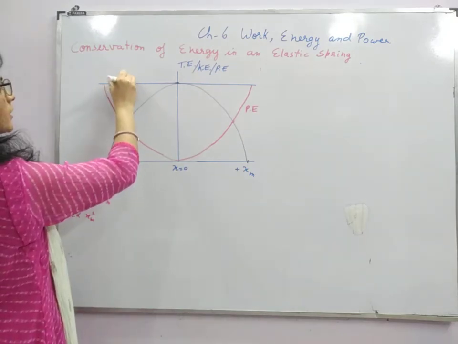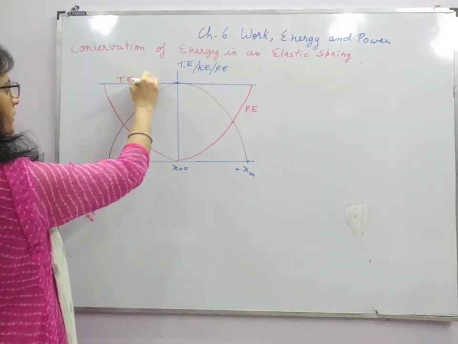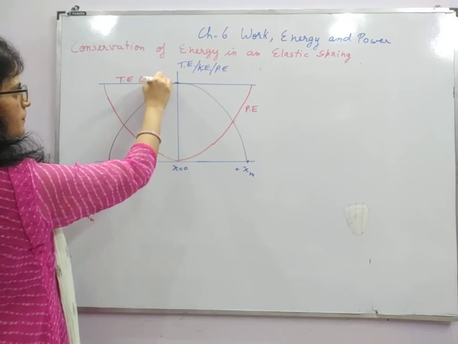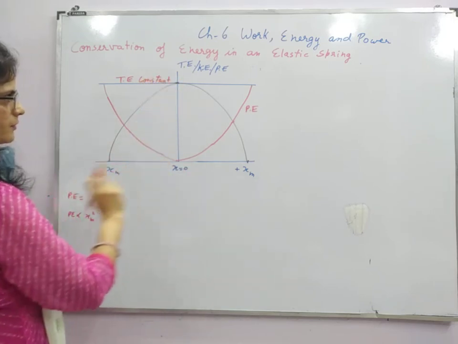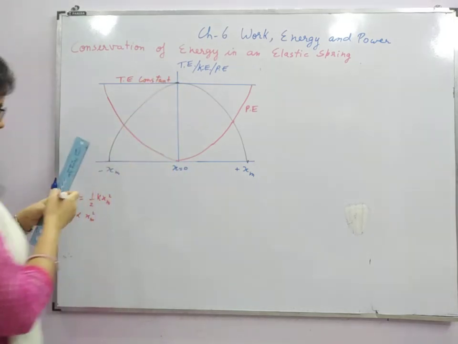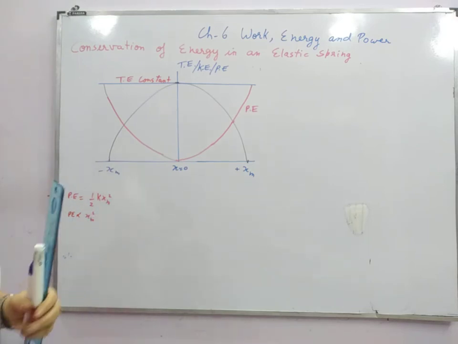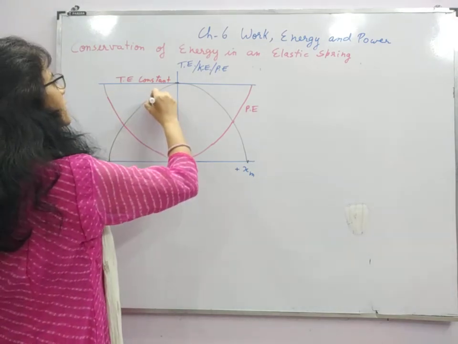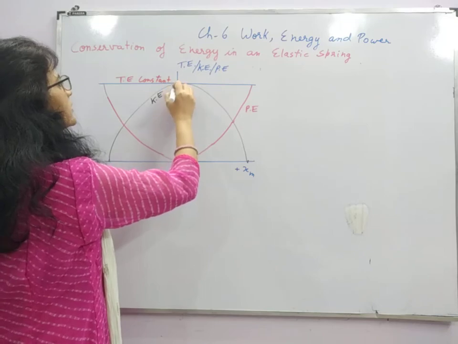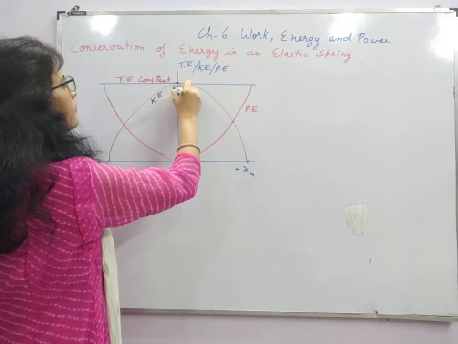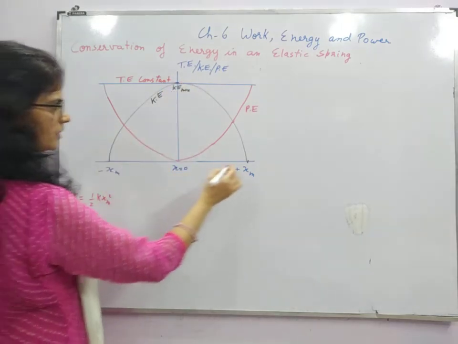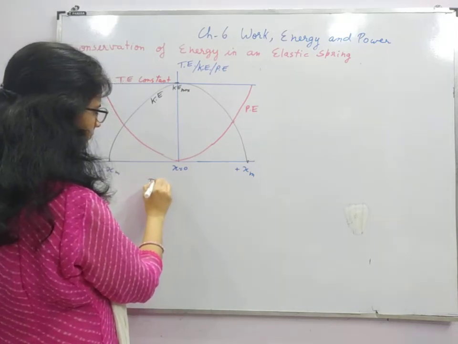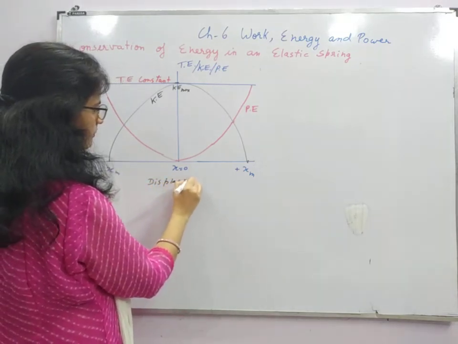This is your total energy, which is constant, so it is parallel to the displacement axis. This black graph is showing the kinetic energy, since the kinetic energy is maximum at the mean position, and this is showing the displacement, right?